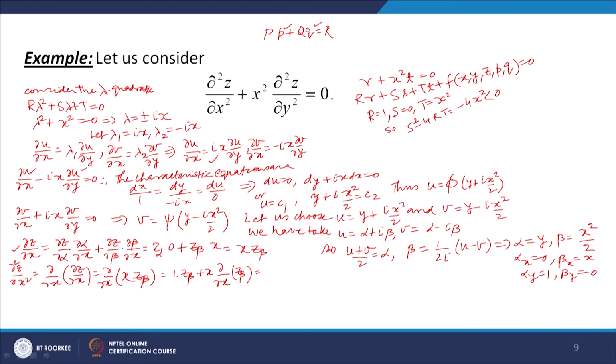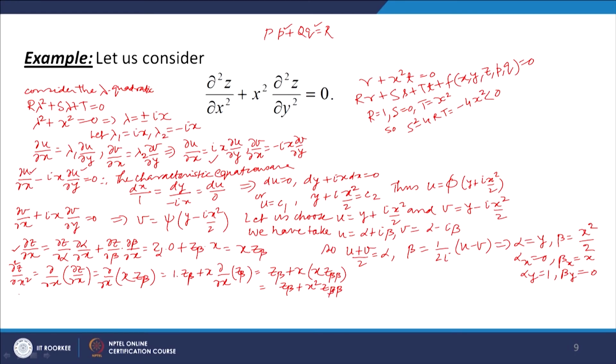Z is a function of alpha beta, so z beta is also a function of alpha beta. So, del over del x of z beta is x times z beta beta. So, what you get? z beta plus x square z beta beta. Okay. So, this is what we get.